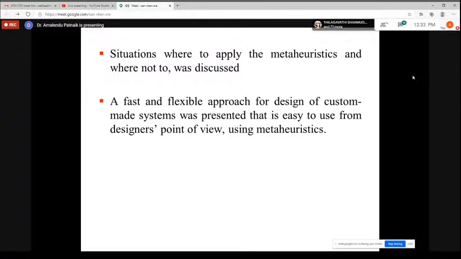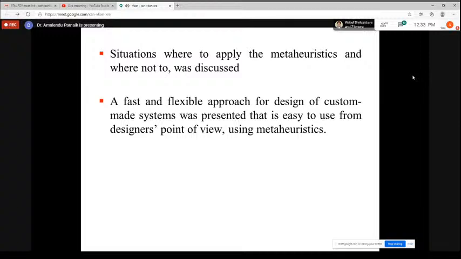So you need multiband antennas. So we discussed a method of designing multiband antennas that should be fast and flexible with the help of different type of meta-heuristic techniques.